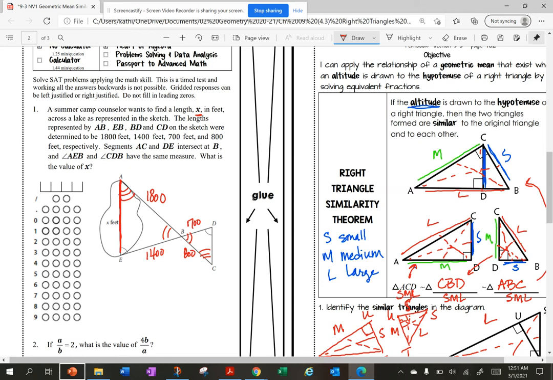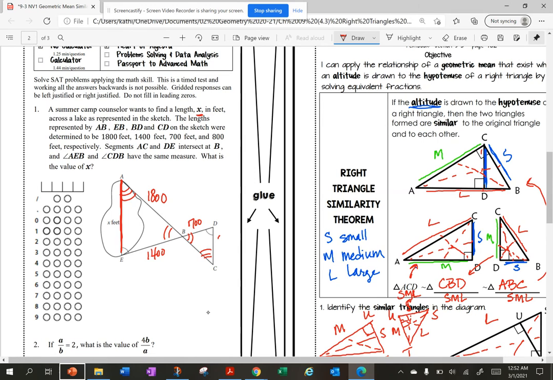And why do I have over 800? Oh, I have one more. The 800 is C to D. So I'm going to do x over 800.